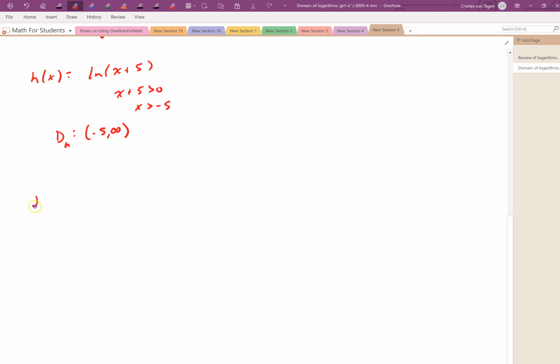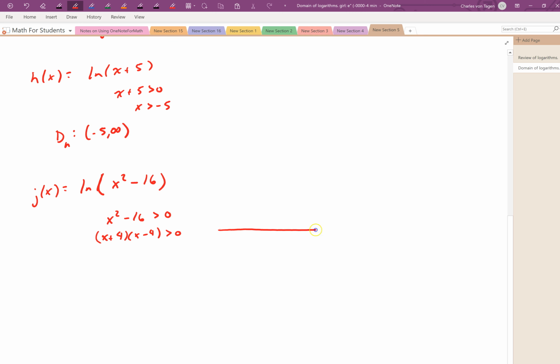So let's say I give you the function j of x is equal to the natural log of x squared minus 16. So we need x squared minus 16, this argument, to be greater than 0. Well, this is similar then to some of the more complicated radical domains that you did in the last sequence of problems.